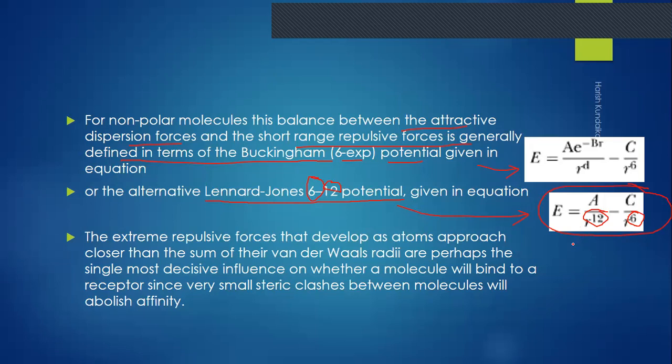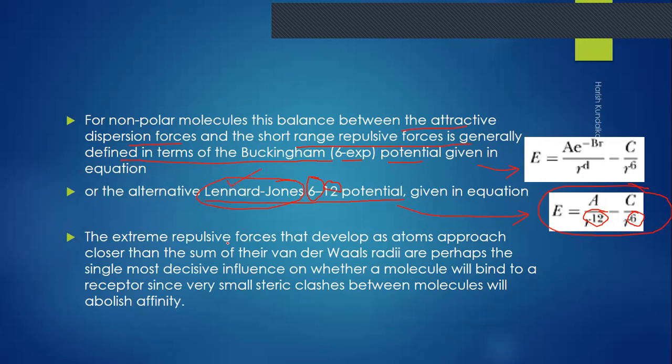This is something that we often use in many of the computational softwares. For example, QSAR. For three-dimensional QSAR, when we have to talk about the steric component, we'll use the Lennard-Jones potential.